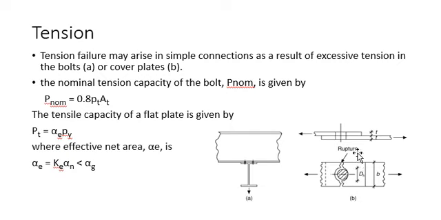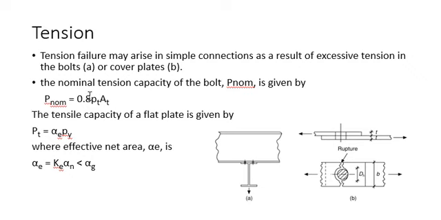The integrity of the connection will depend on the ability of the plate to resist the tensile force. So let's see how we will be able to quantify the tensile resistance of the bolts and the tensile resistance of the plates.